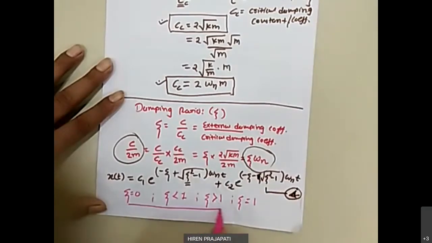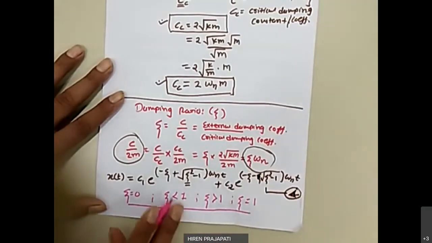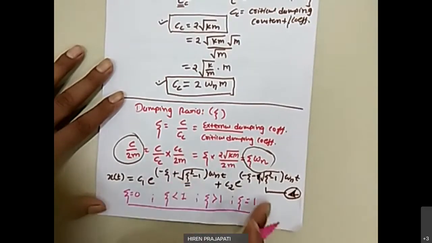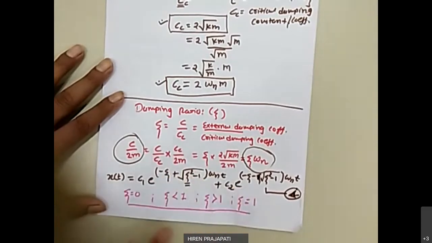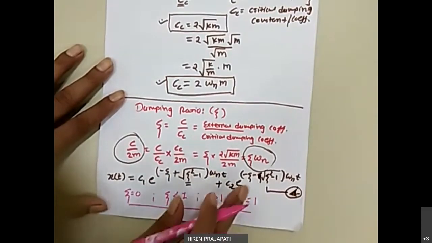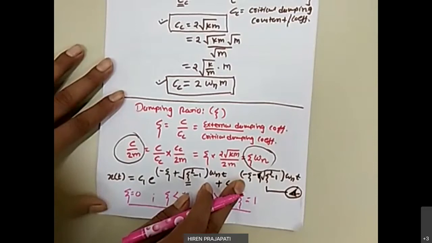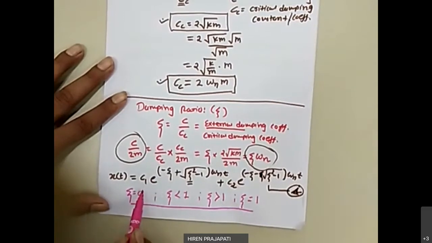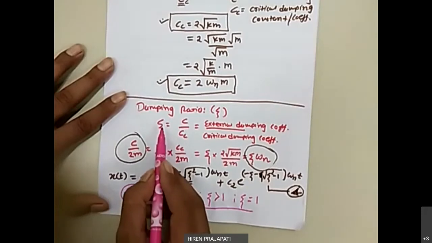So these are the different possible variations in this zeta value. So one by one, we'll put all these conditions in this governing equation of motion, right? Now, first of all, the simple case: if you consider zeta equal to 0, zeta equal to 0 means what?